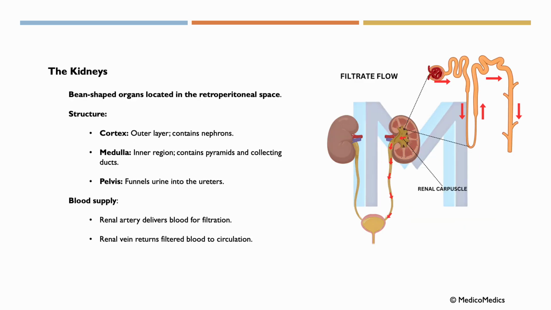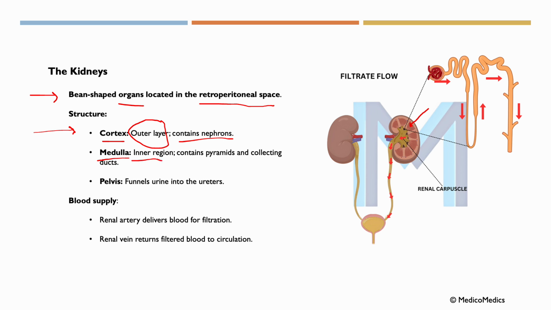So the kidneys then. The kidneys are bean-shaped organs located in the retroperitoneal space. The structure of the kidneys includes the cortex, which is the outer layer, which contains nephrons. So here. Then you have the medulla.